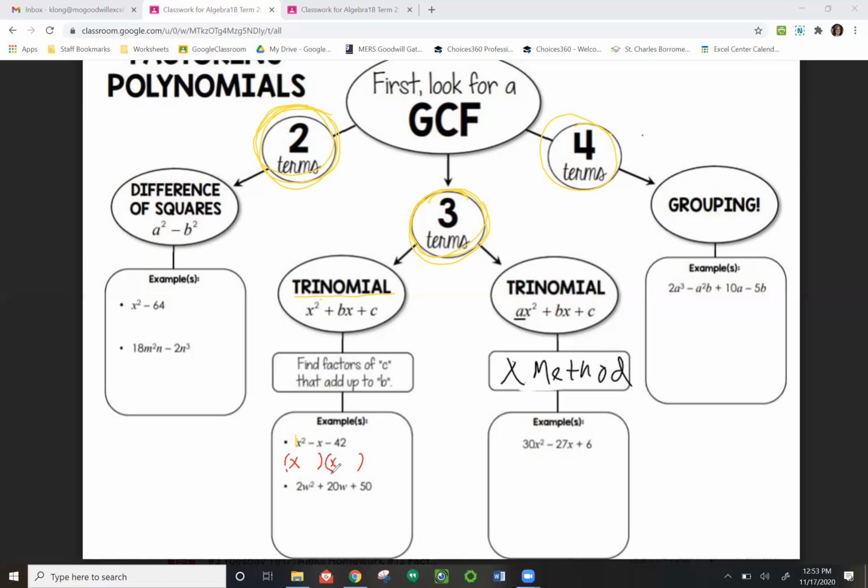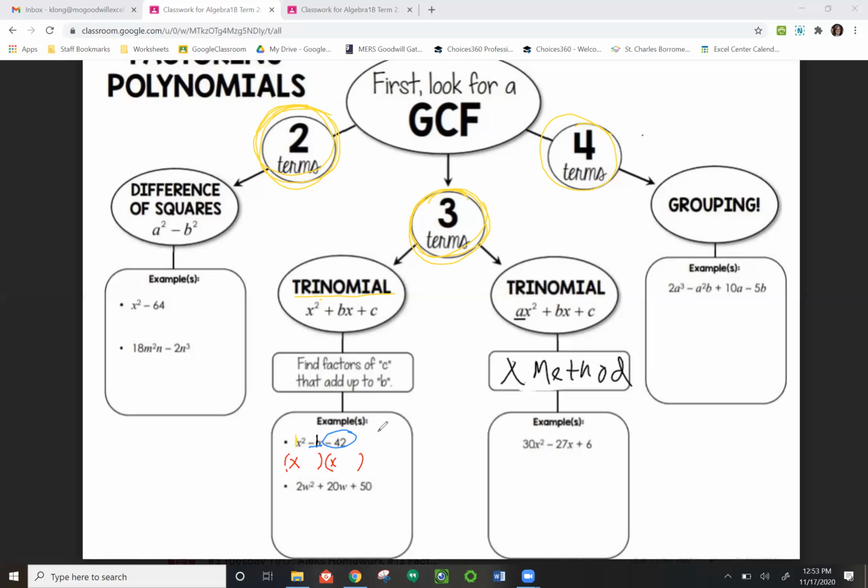And then the other 2 integers in your binomial will be found by asking yourself, what are 2 numbers that multiply together to give you negative 42 and add together to give you, ooh, this is a tricky one. Says negative x. What's your coefficient? It's a negative 1, okay? So you need these to multiply together to give you negative 42 and add together to give you negative 1.